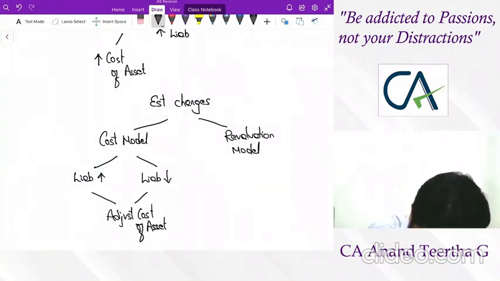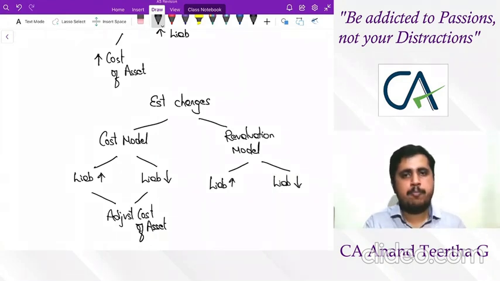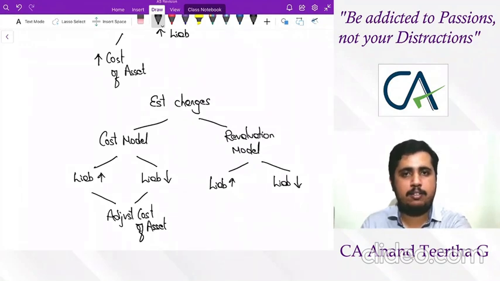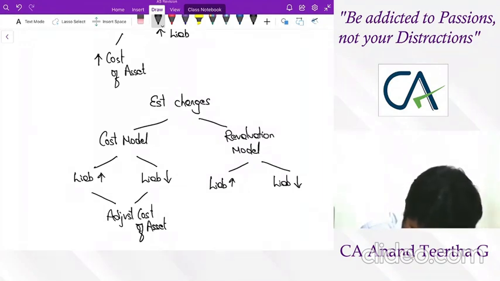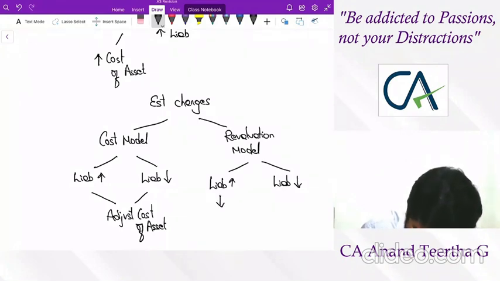If you follow revaluation model, again, it will lead to liability increase or liability decrease. Considering that, if liability is increasing, basically it's a loss to me. So transfer this to P&L account.